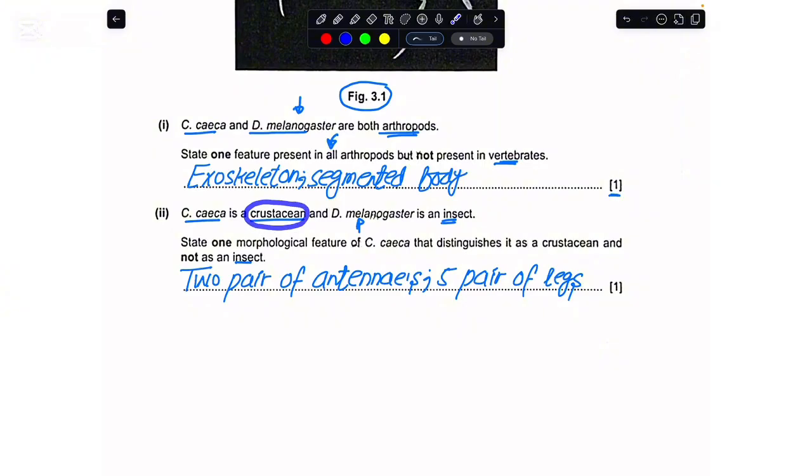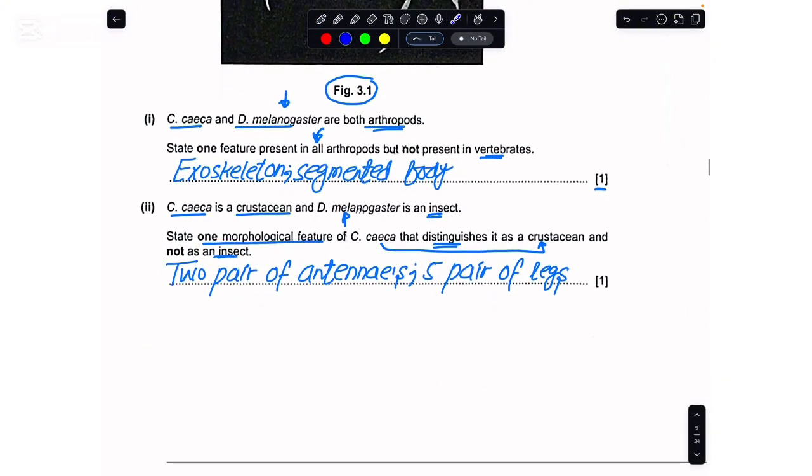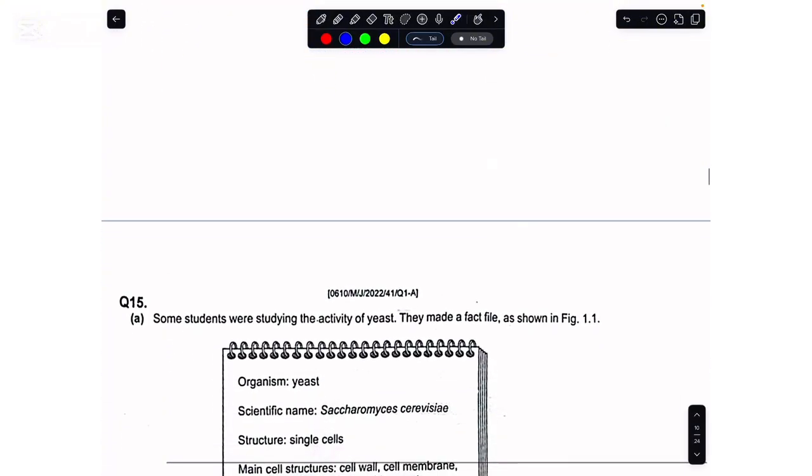The crustaceans have two pairs of antennae, and they want you to state one morphological feature that would distinguish C. saica as a crustacean and not as an insect. So we would say this is a crustacean because it has two pairs of antennae, or other than that, it has more than four pairs of legs. So you could say five pairs of legs. And if you write any of the points down, you would be awarded 1 mark.